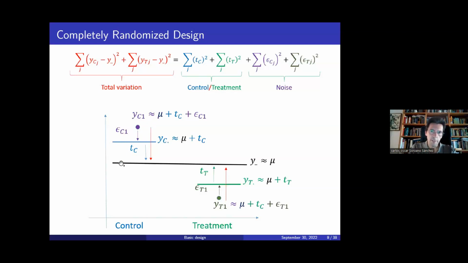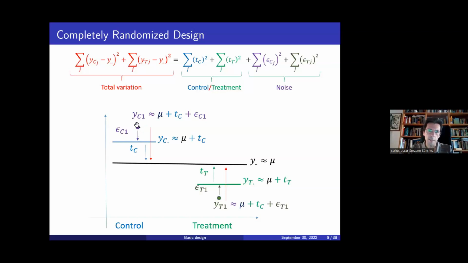The first one is that it will have an overall mean, and on top of this overall mean, it will have the contribution of its own group. So if it is in the control group and the mean of the control group is higher than the overall mean, then this person will be shifted higher simply because it belongs to that group. And then it will have something that is intrinsic to it. So we have some noise or some variation that we cannot explain by being in this group.